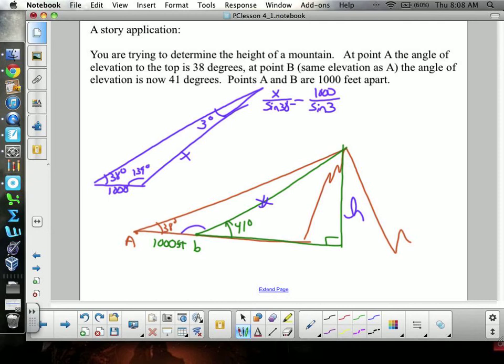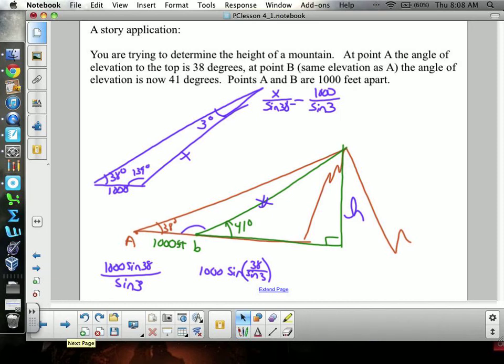And instead of calculating 1,000 sine 38 over sine 3, you're going to calculate 1,000 sine 38 divided by sine 3. You're going to do that, which is completely different. All right? So be careful. Close those parentheses. I get that side is 11,763.64 feet, rounded to the nearest 10.